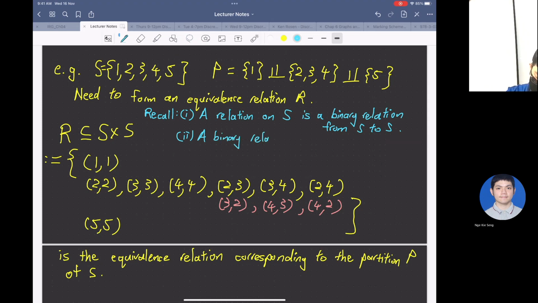A binary relation from X to X is a subset of X cross X. So I just need to give you a subset of X cross X.